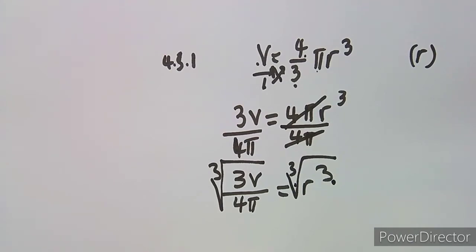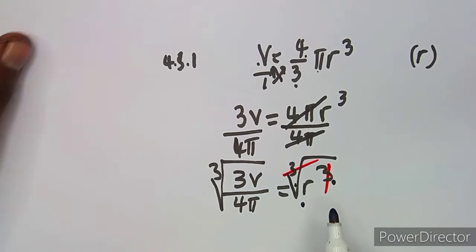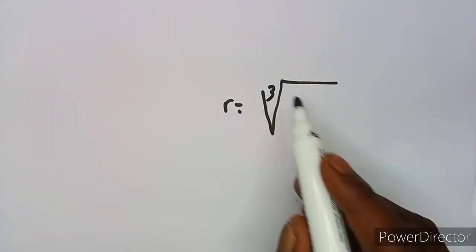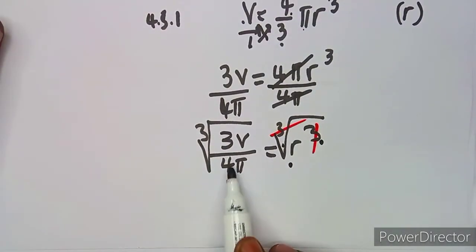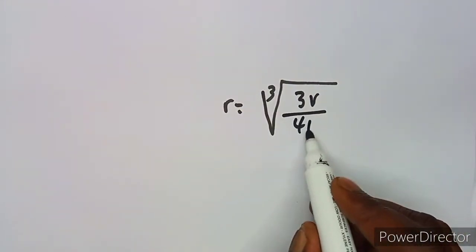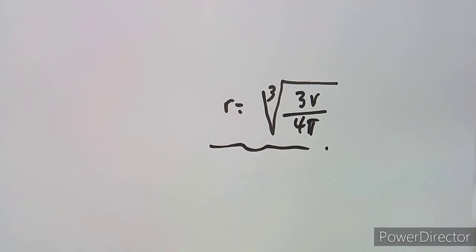You are cancelling this out, neutralizing the cube, which means you are just left with R. So our R is going to be the cube root of 3V over 4 pi. So we have made R the subject of the formula there.